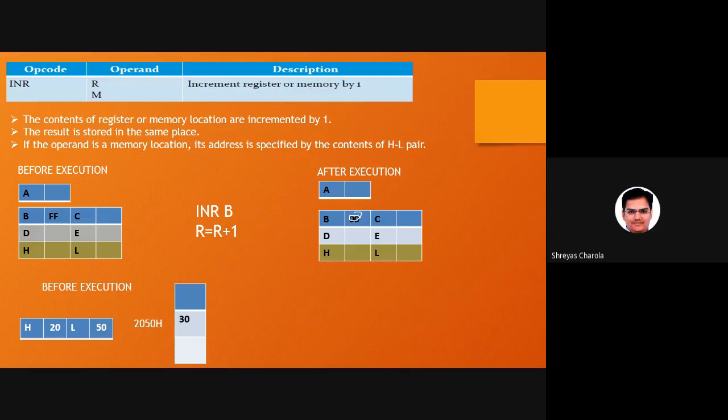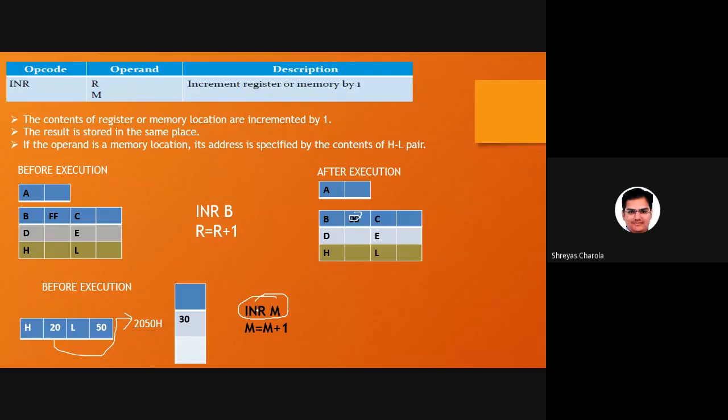Now this I have already decided. INR M will go to this memory location. M means HL combined. It will go to that location.